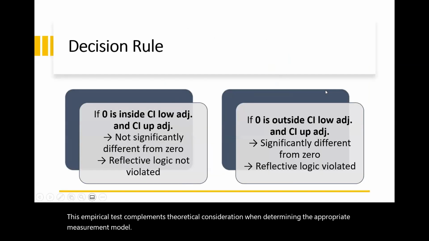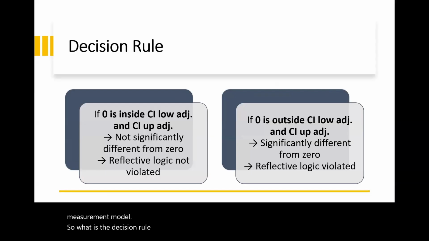So what is the decision rule? If 0 is inside the CI, the confidence interval, and normally in a confidence interval we have the lower and then the upper.